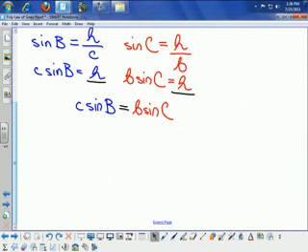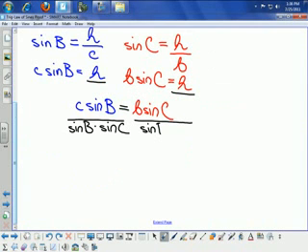And from here, I am going to divide both sides by sine angle B times sine angle C. So trig equations are just like any other algebraic equation. You can divide both sides by the same thing, as long as they're not equal to 0.